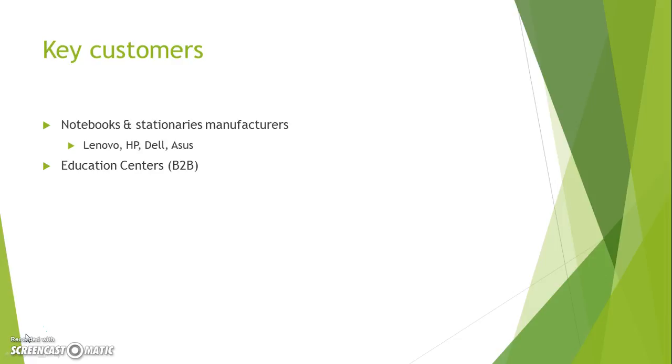Another customer segment is the education centers, where Windows tries to sell their operating system to education centers, for example, gymnasiums and universities, where the students can utilize this operating system for their own projects and their own good.